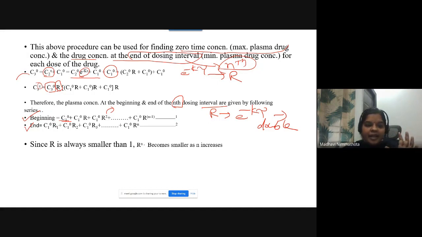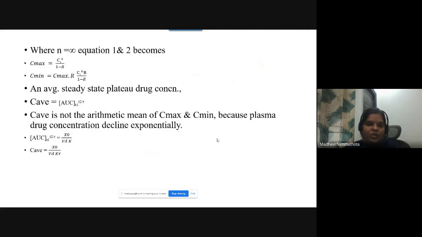At the ending stage, you need to take only C10 R1, C10 R2, C10 R3, like that. These two equations are useful for calculating the plasma drug concentrations at proper dosing intervals. Since R is always smaller than 1, R to the n becomes smaller as n increases. It is very simple. Once you learn it, if you have any doubts, I will tell you.